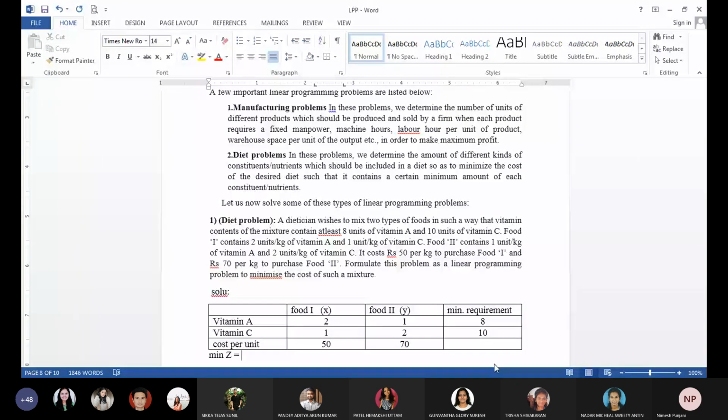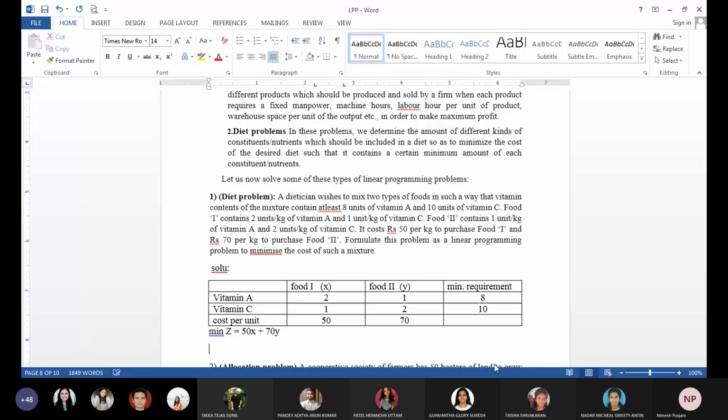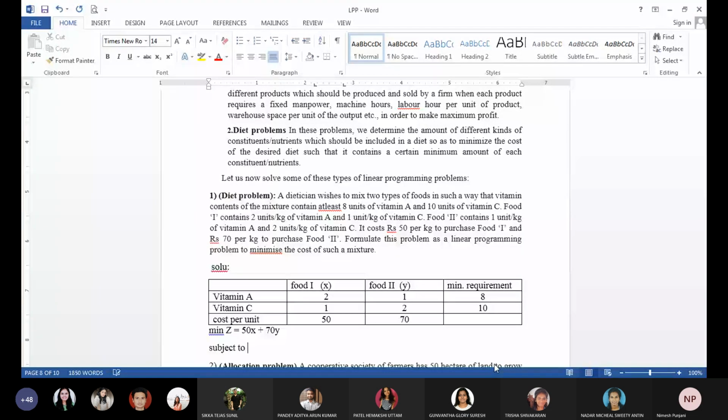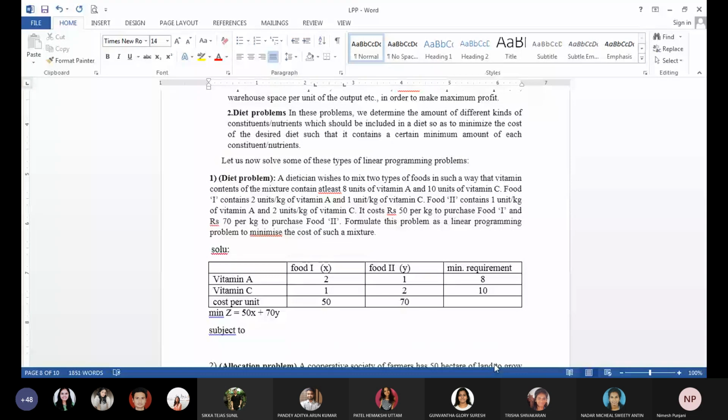What is the cost? 50 per kg of food 1, 70 per kg of food 2. Food 1 we represent by x, and food 2 by y. So my objective function will be 50x plus 70y. Is it clear? That will be my total cost, no?